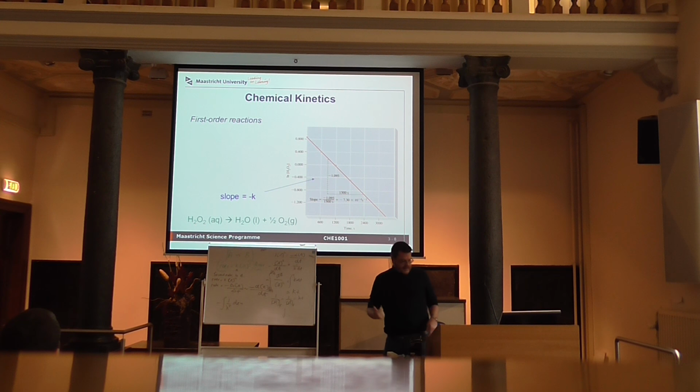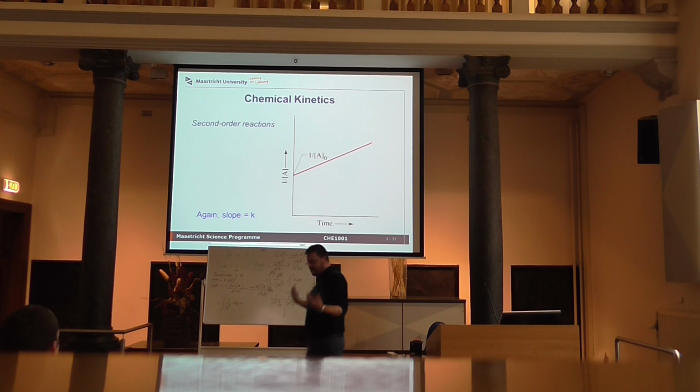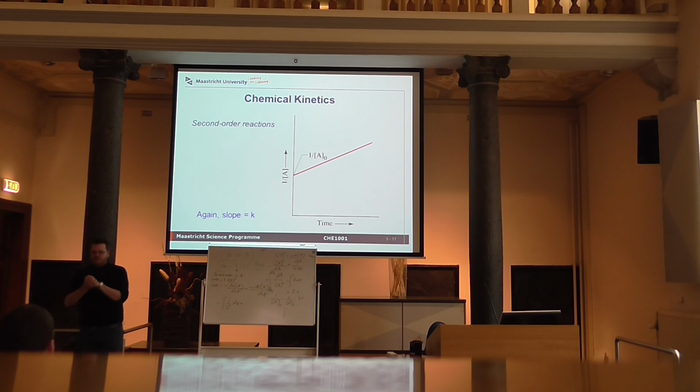If the reaction is second order, and we plot the inverse of the concentration as a function of time, and we get a nice straight line from the data, what's the conclusion? The conclusion is it is a second order reaction with respect to A, and the rate constant is the slope of the line.